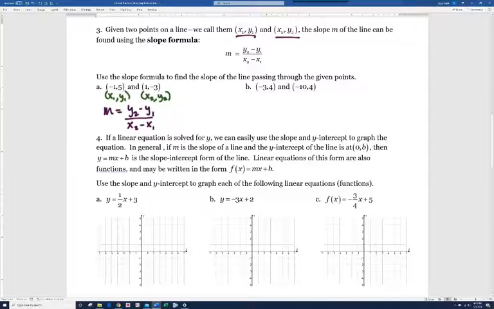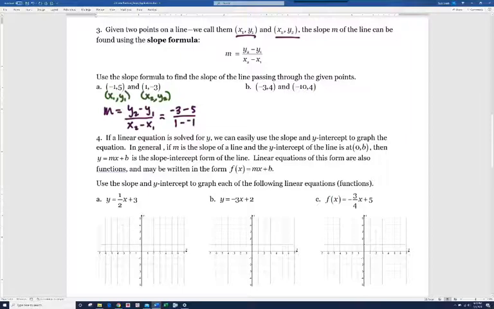And by the way, yes, you do need to know the formula. That's something you should know and have memorized. And so now it's just what I call a plug and chug situation here. So it'll be y sub 2, which is -3, minus y sub 1, which is 5, over x sub 2, which is 1, minus x sub 1, which is -1.